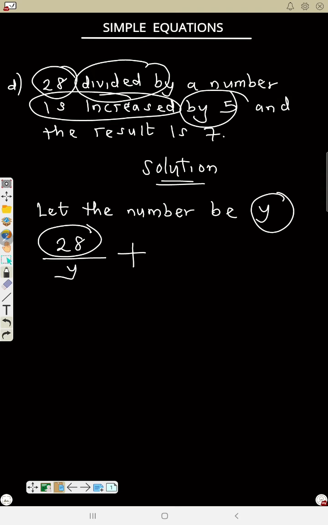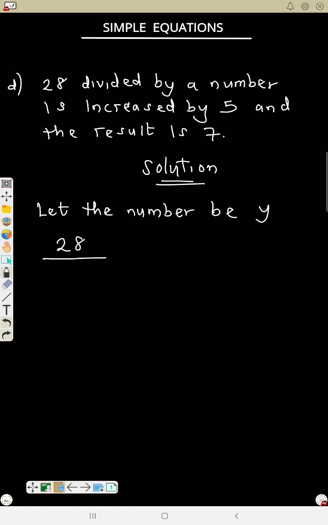Now let's see that again. You can rewind the video for better understanding. So now one more time. 28 divided by a number. That number is y. I say let the number be y.